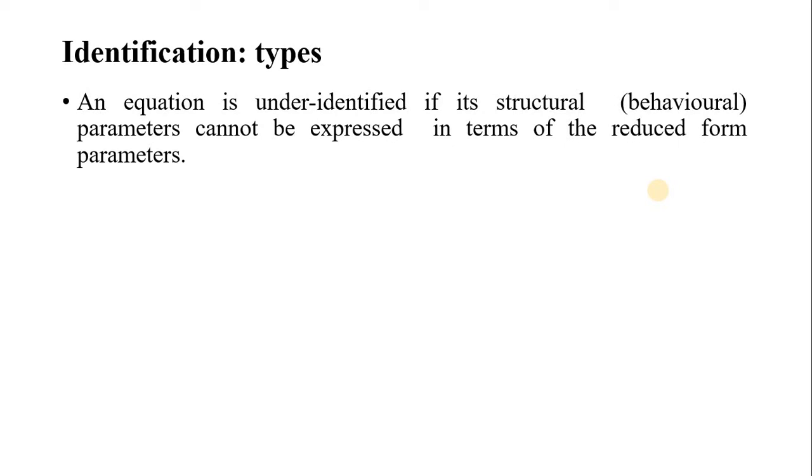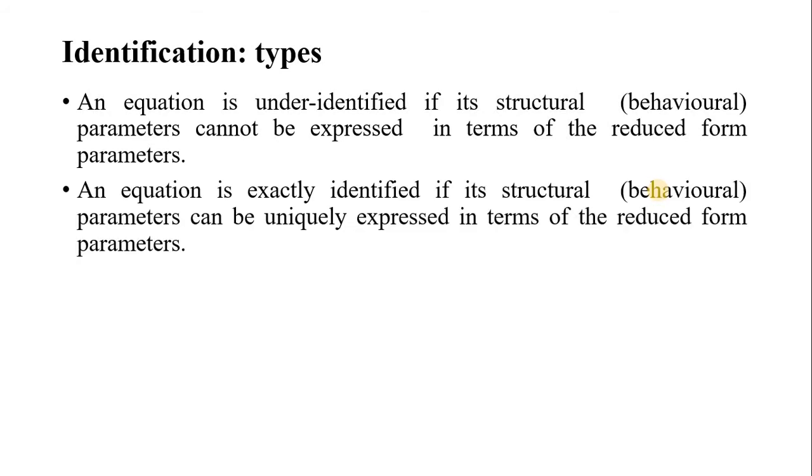For example, there are four structural parameters and only two reduced form equations. From two equations we cannot solve for four parameters. The equation is exactly identified when the structural parameters can be uniquely expressed in terms of the reduced form parameters.